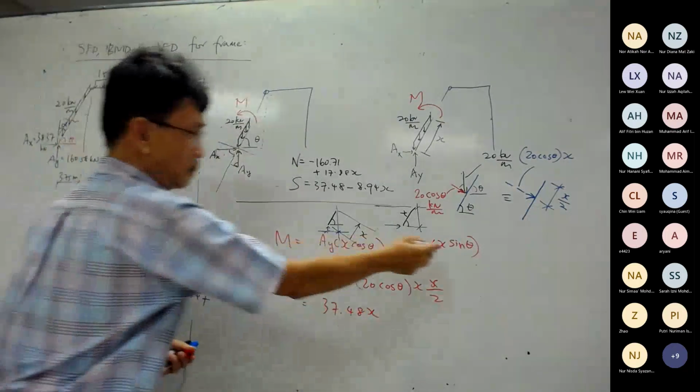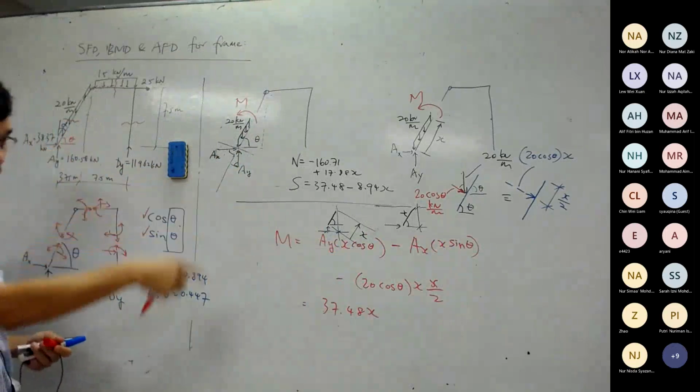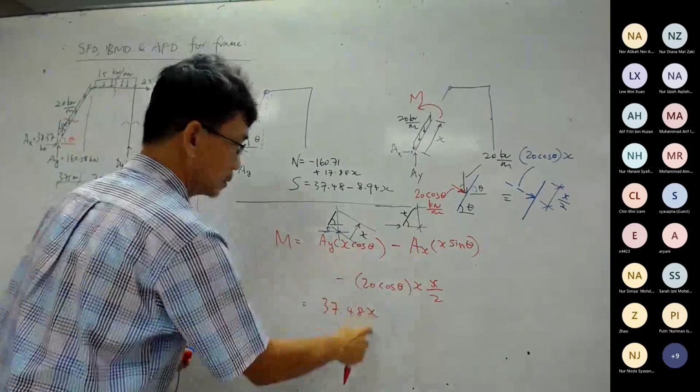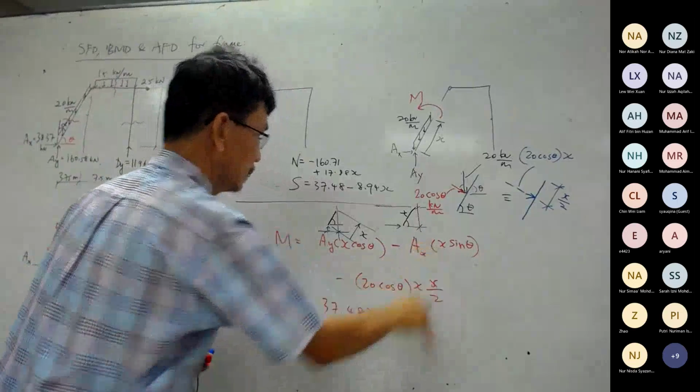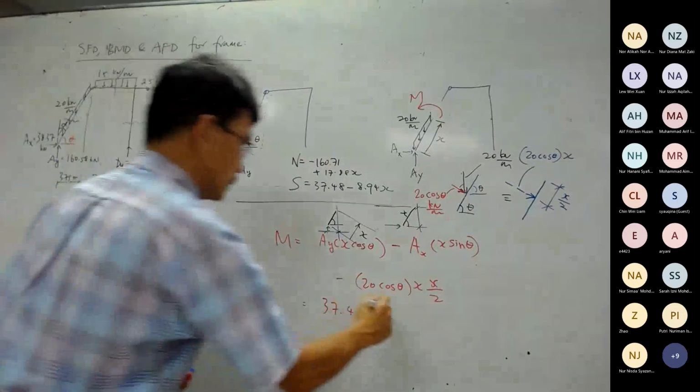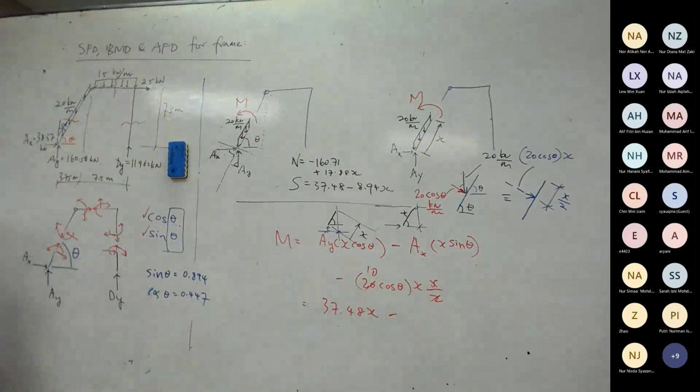Yeah. This one I already simplified. What is cos theta, sin theta? What is AY, AX? Substitute there, and it comes up with an X. This one will be 10 cos theta X squared.